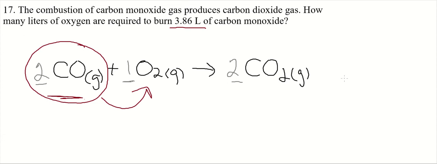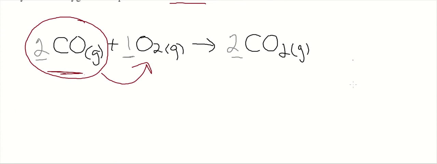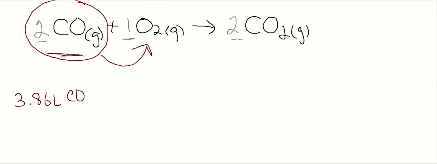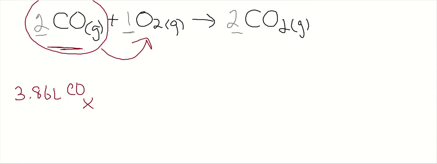So step 1. Let's turn 3.86 liters of carbon monoxide, so label your substances, and let's turn that into moles. Liters of carbon monoxide has to go in the denominator to cancel out.